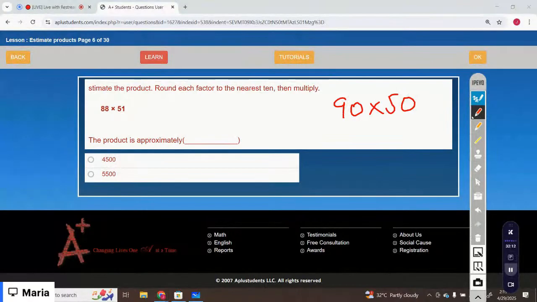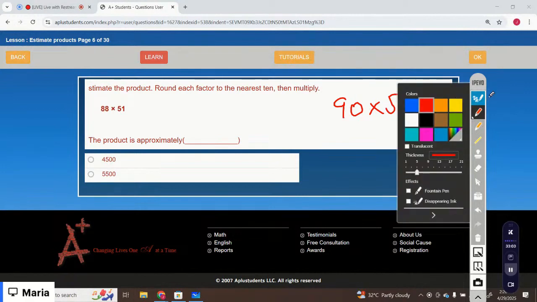So which is the correct option? That is option number one, 4500 is the correct option.